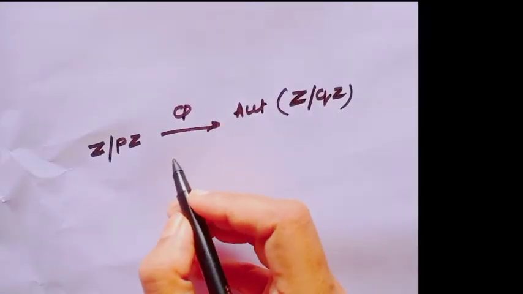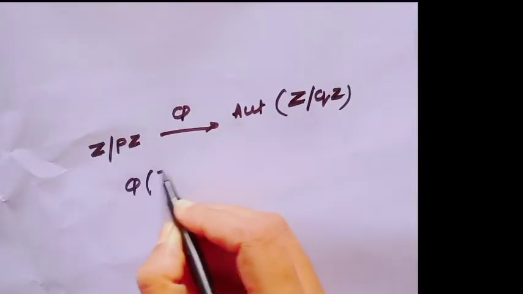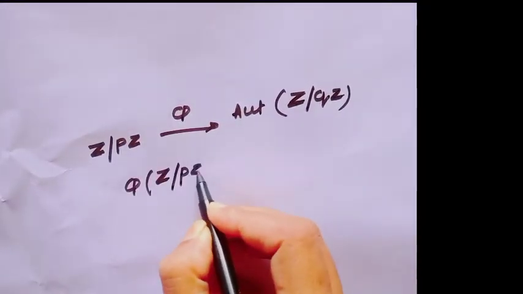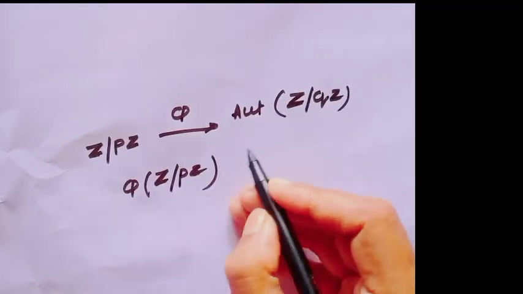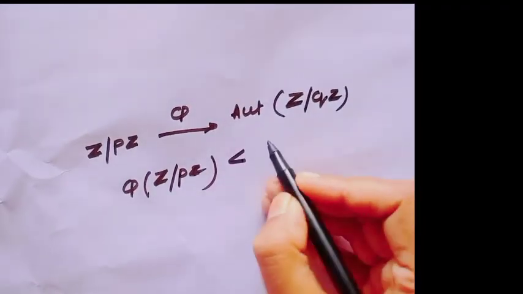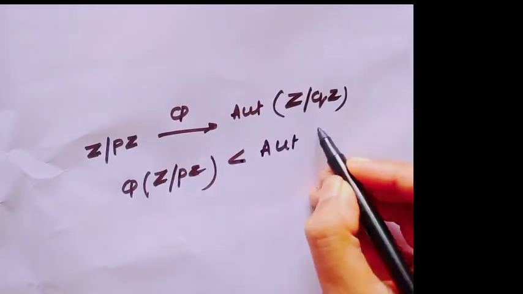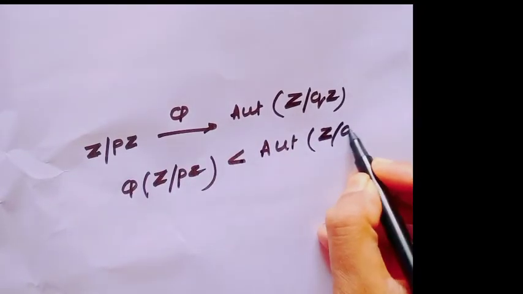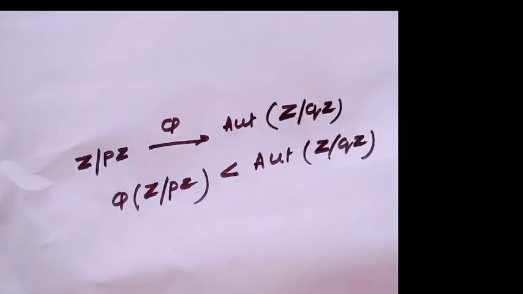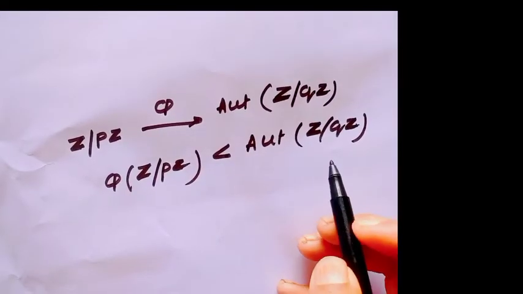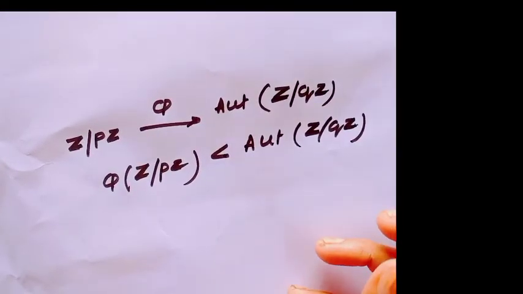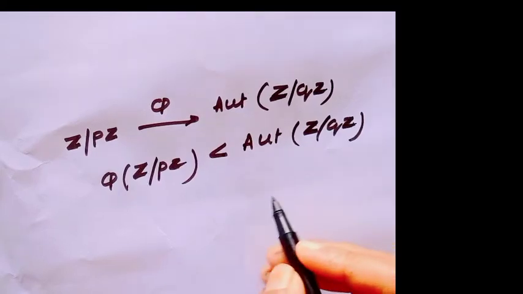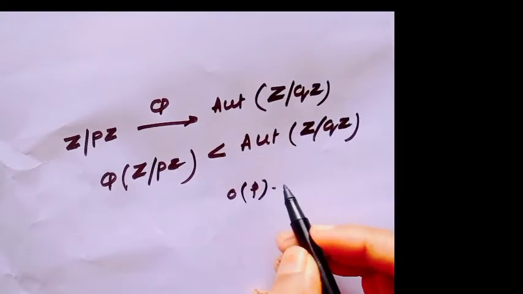Then the image of Z mod PZ under phi will be a subgroup of the automorphism group of Z mod QZ. Okay, and since the automorphism group of Z mod QZ is cyclic, there exists only a unique subgroup of order P.